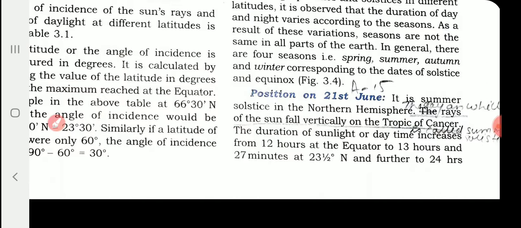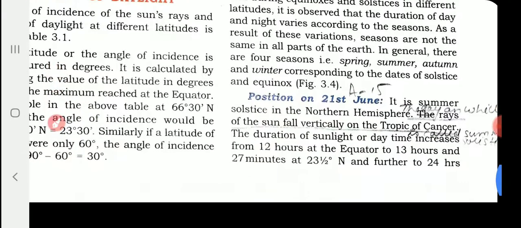We will see tomorrow what the position of the earth is on these days. Mainly these are equinoxes and solstices. What role does the sun play on the earth on these particular days? That we will see tomorrow.